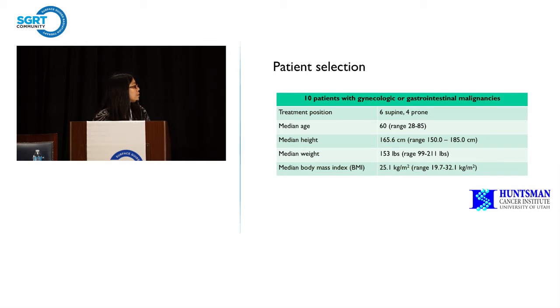The median height is 165.6 cm, again with a large range. The patient weight is 153 pounds, ranging from 99 to 211. It's not extremely large, but over 200 is a larger patient. The median body mass index is 25.1, ranging from 19.7 to 32.1, and 32.1 is already on a pretty high end.